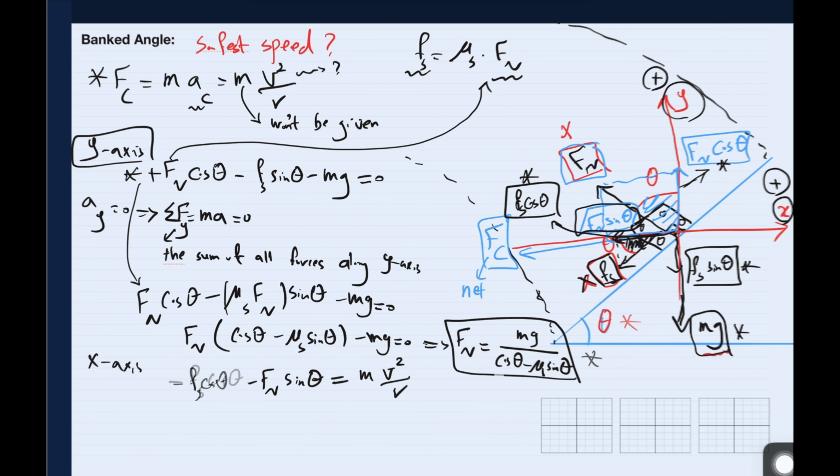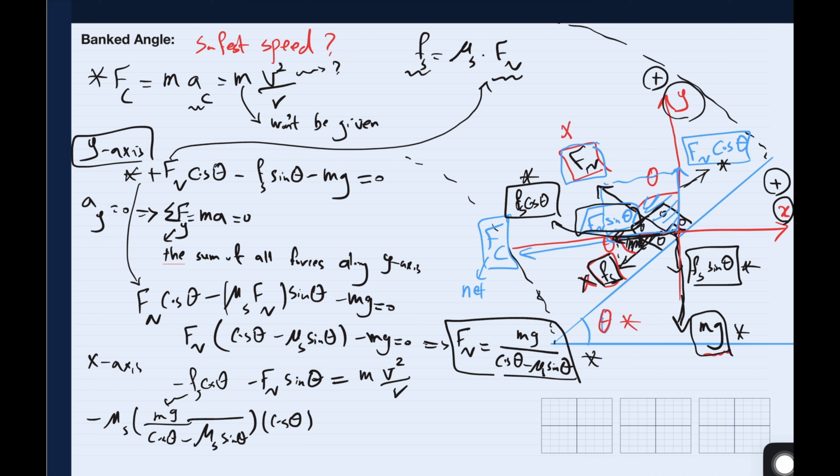Then we have minus Fs cosine theta minus Fn sine theta equals mv squared over r. So then Fs is going to be mu s Fn. So I have minus mu s times Fn, which is mg divided by cosine theta minus mu s sine theta, multiplied by cosine theta.